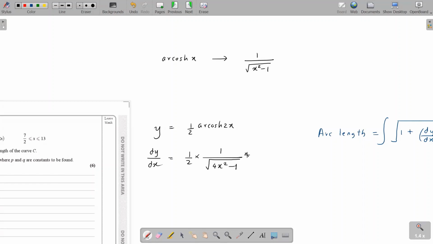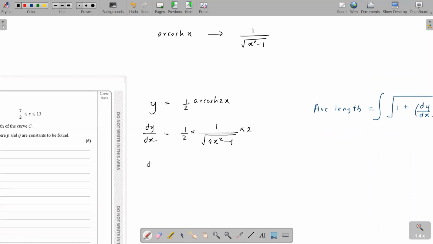You're not done with it yet. Chain rule, differentiate the 2x again into 2. So these differentiations are given in the formula book, right? Differentiation of arccos x is there in the formula book. So when you simplify, this becomes dy by dx, the half and 2 cancel. So you get 1 over root 4x squared minus 1.